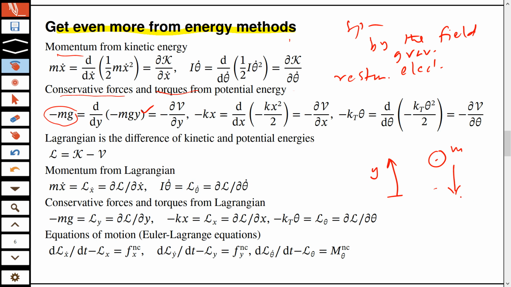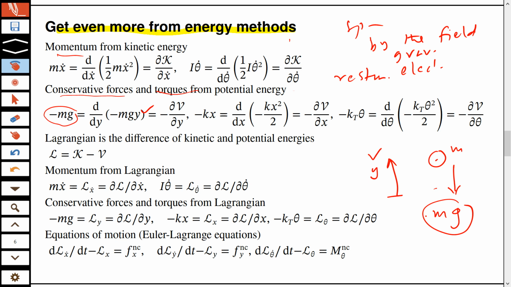Because the reference is upward, if you simply write mg, now we don't use vector notation here. If you say g, then you don't need a minus sign, because g is by definition downward. But if I simply write mg, m is a scalar and g is a scalar, so how on earth do I know whether this mg is upward or downward? Because the reference is y for me.